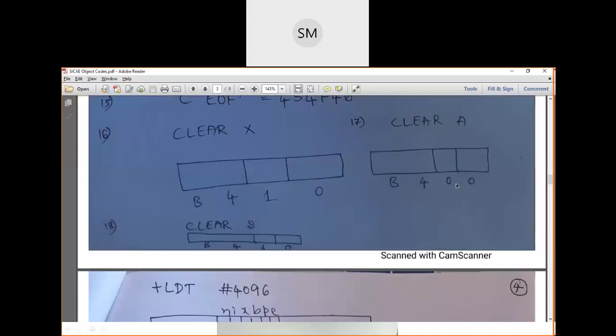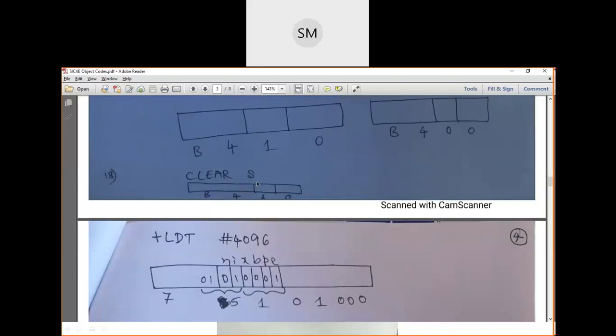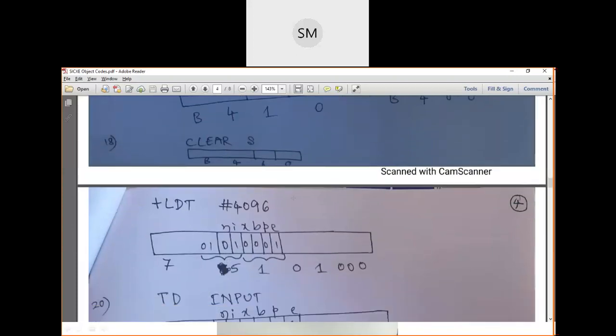Okay, register 0. Then there is no second register R2, so you keep it as 0. Similarly CLEAR S: the opcode of CLEAR is B4, the S register number is 4, there is no R2 register here, just keep it as 0.